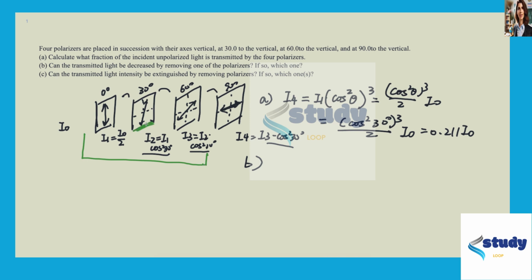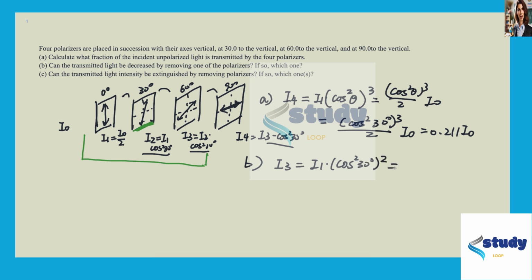When the middle polarizer is over here, the intensity of light is decreased twice, each time by cosine squared 30 degrees. So from I1 to I3, I3 equals I1 times cosine squared 30 degrees, and it's applied twice.